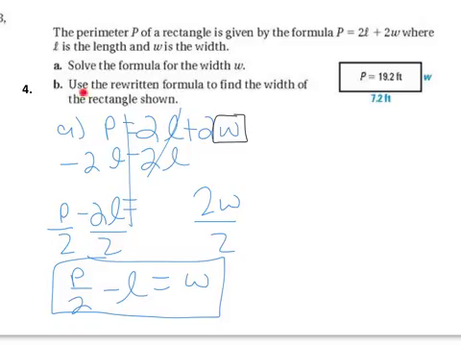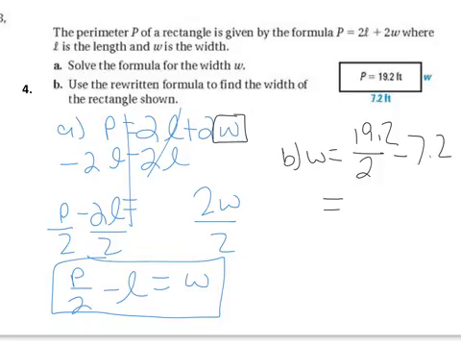So there's part A. Part B. It says, use the rewritten formula to find the width of the rectangle shown. Okay, so see how they have P is 19.2 and L is 7.2. So plug it in. So part B, W equals 19.2 divided by 2 minus 7.2.